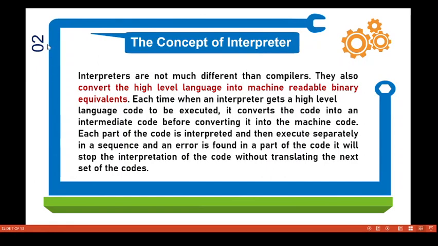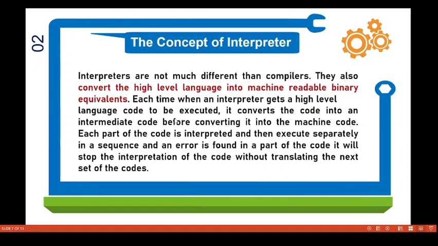Then the next item in the presentation for today is interpreter. So what is the concept or overview of interpreter? Interpreters are not much different than compilers. They're almost the same. They also convert the high-level language into machine-readable binary equivalent.